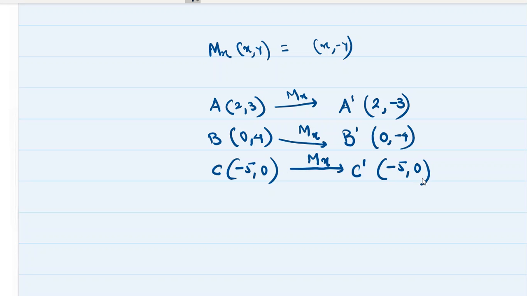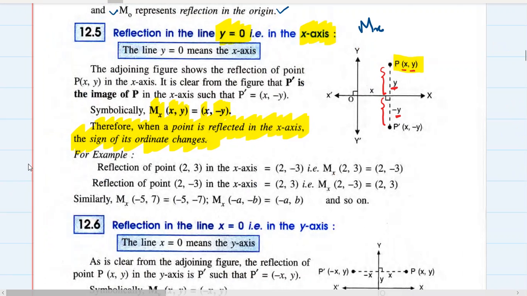It means that any point which is on x axis, its reflection under x axis or its reflection in x axis will remain the same point. मिरर के ऊपर अगर कोई पॉइंट ले लो तो उसका रिफ्लेक्शन उसी पॉइंट पे आएगा। ठीक है, क्योंकि इस पॉइंट का जो डिस्टेंस है मिरर से वो 0 यूनिट्स है, ये पॉइंट तो मिरर के ऊपर ही है, तो इसका रिफ्लेक्शन भी उधर ही होगा। ठीक है, ओके, सो दैट्स रिफ्लेक्शन under x-axis.